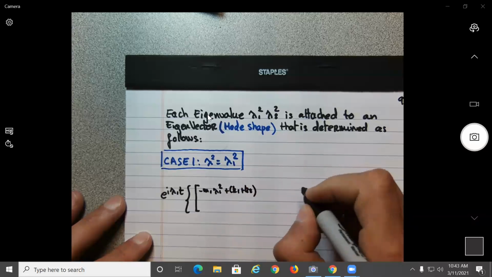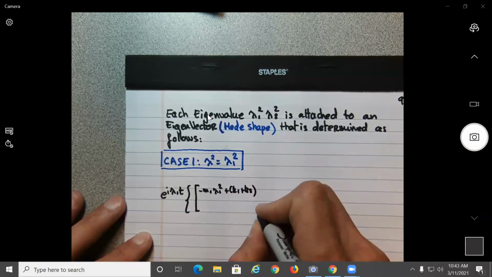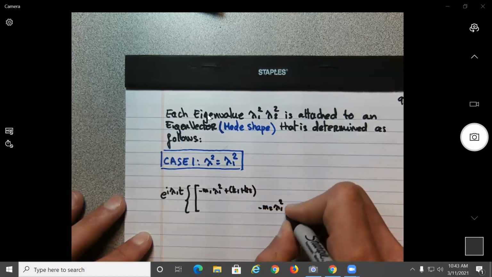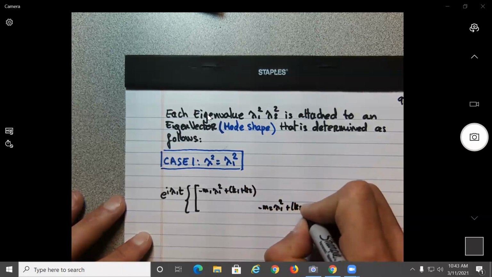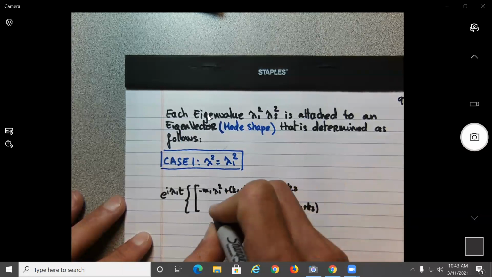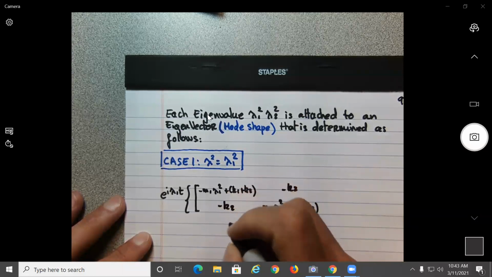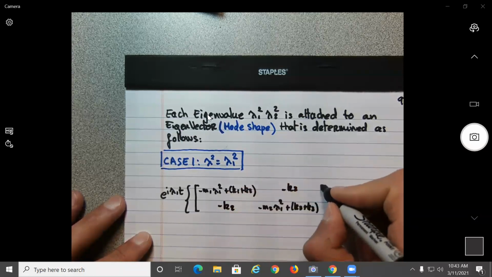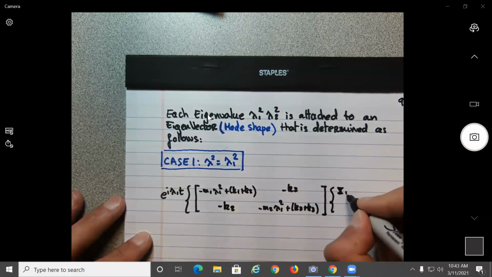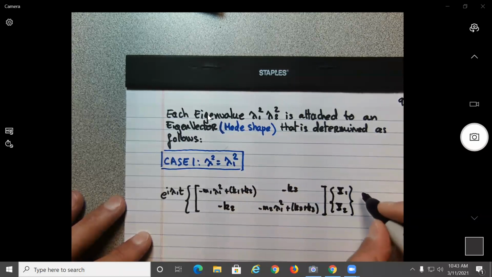You're going to have at the bottom minus m2 lambda 1 square plus k2 plus k3. You have minus k2, minus k2. Here we're going to have x capital 1, x capital 2. And this should be equal to 0.